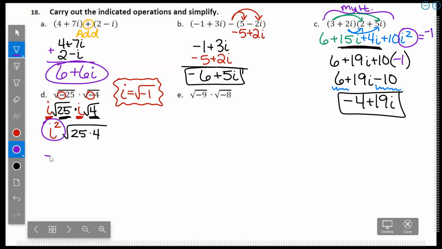Now i squared is equal to negative 1, but what's 25 times 4? 100. What's the square root of 100? 10. What's negative 1 times 10? Negative 10.